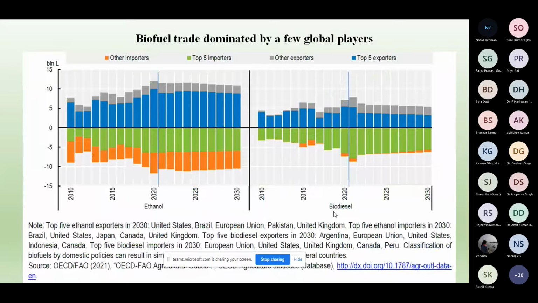So if you go for the biofuel trade and who is dominating at the global level, this plot is also very nice. The downward part is showing the imports, the green one, the top five importers, and the upward graph is showing the exporters.